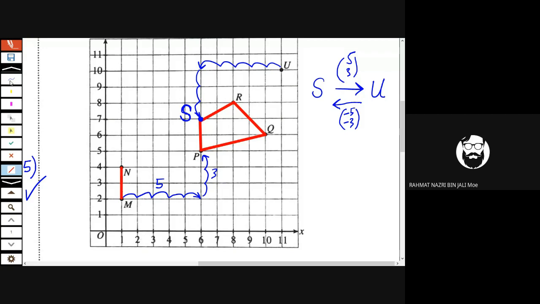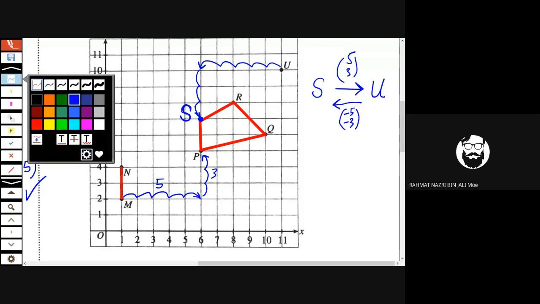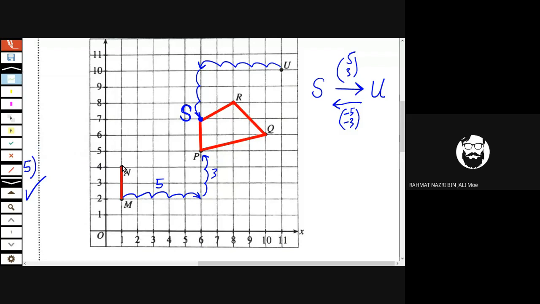Kita cuba check movement dia. Let me find out its movement. Berapakah movement dia? Translation dia. 1, 2, 3, 4, 5. 5 unit to the right. And then 1, 2, 3. 3 unit upward. 5, 3. Sama. Oh, sama. Same translation.